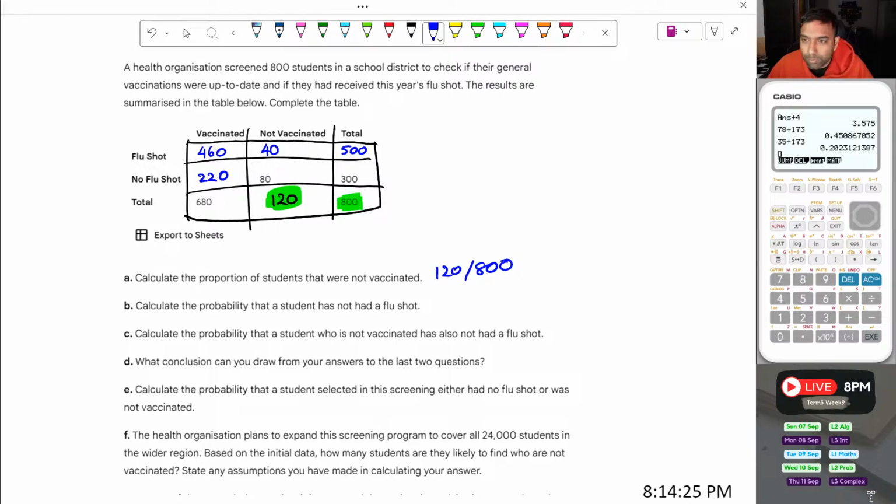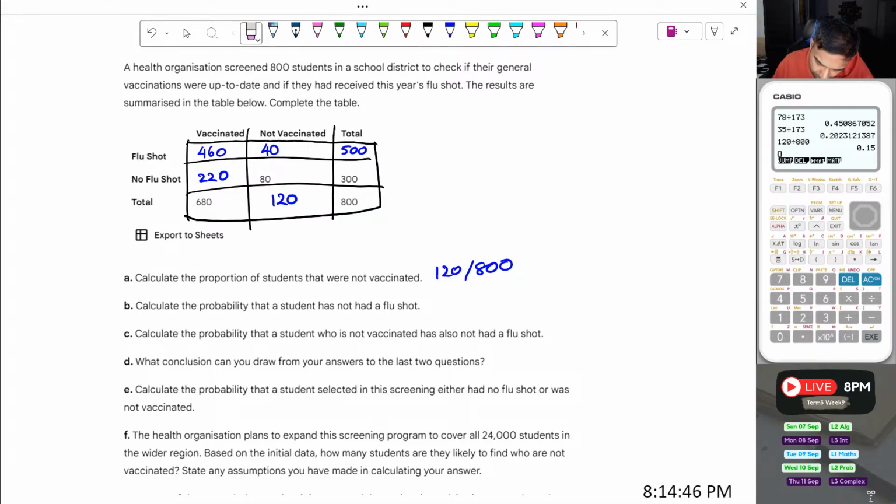So that's question A. If you do want to leave it as a decimal, you can actually leave it as 0.15 or 15%. That's not a problem as well. So that was basically for not vaccinated.